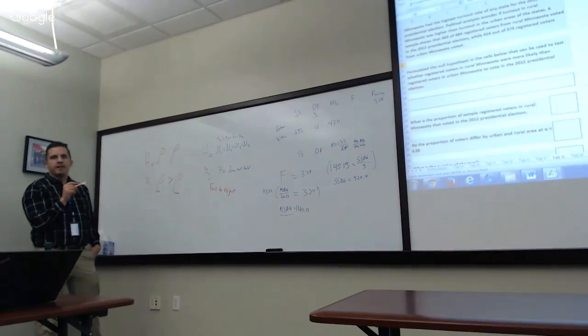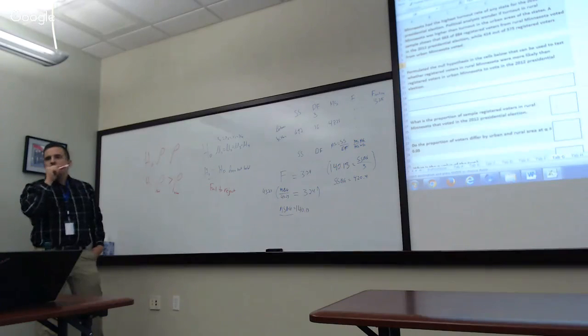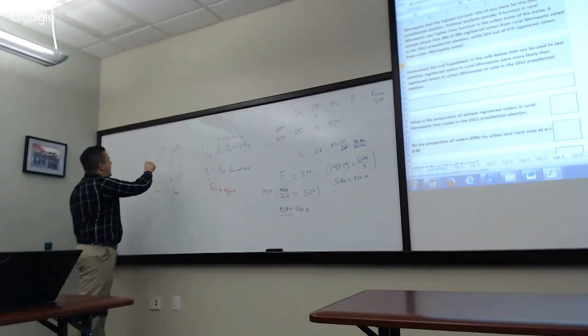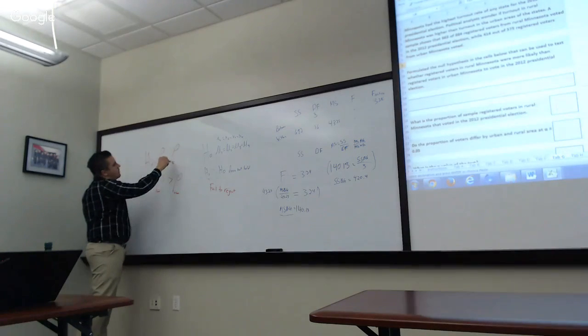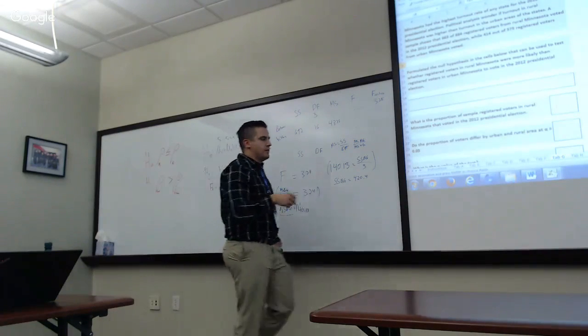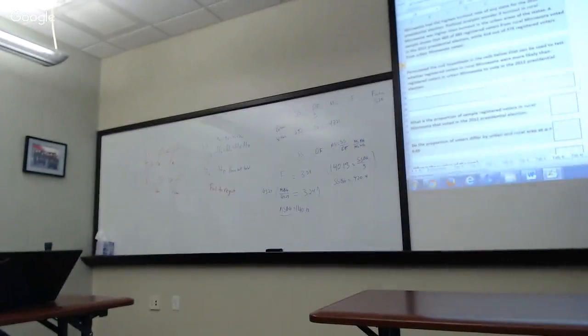So our alternative hypothesis is that the proportion of rural voters is greater than the proportion of urban voters. These words are hard to say. And then our null is going to be that rural voters are less than or equal to urban voters.